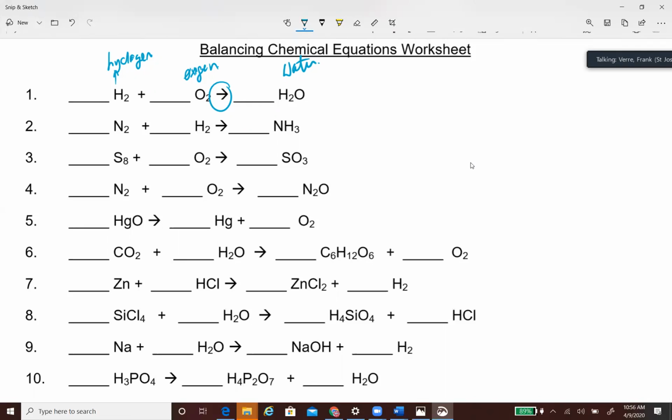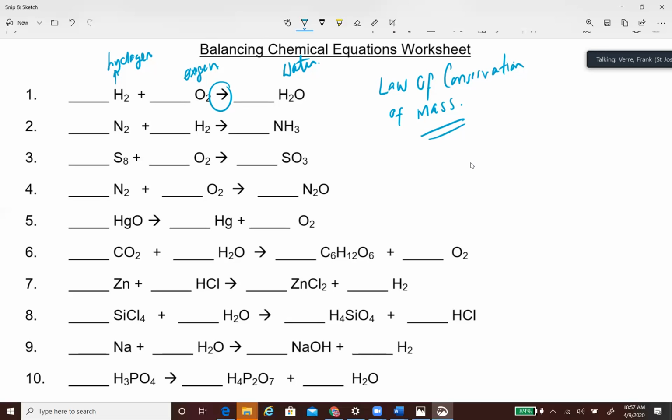Now, the idea behind this is really, really important, is that the left side equals the right side. Because in any chemical reaction, you have to abide by something called the law of conservation of mass. What that means is that the mass is like the amount of stuff, right? The amount of stuff on the left side is equal to the amount of stuff on the right side.